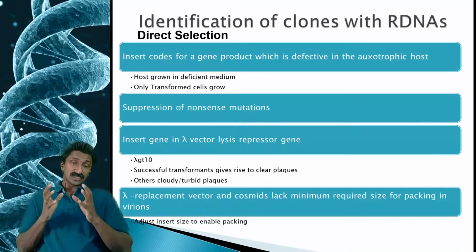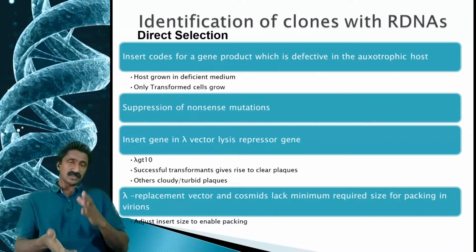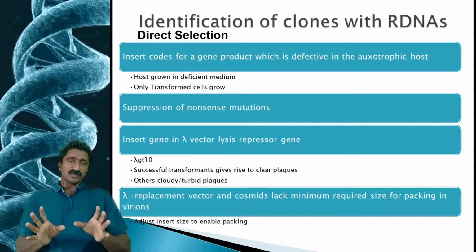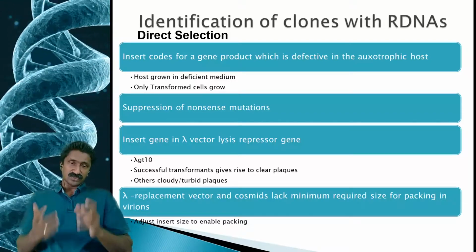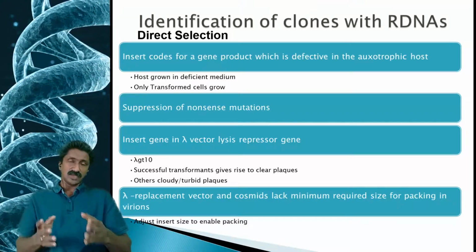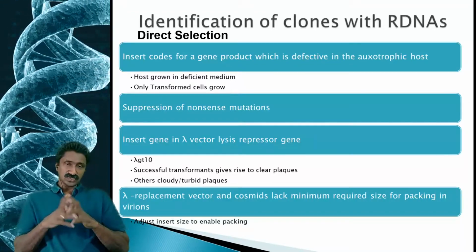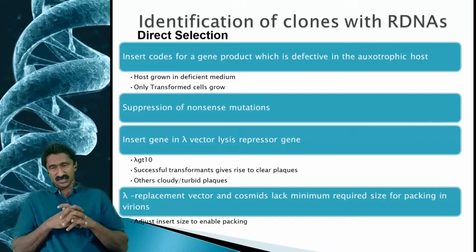But once the DNA construct is incorporated within that lysis repressor gene, the protein will be disabled. Without the lysis repressor, the cell will be lysed by the phage. So this is another example of direct selection.